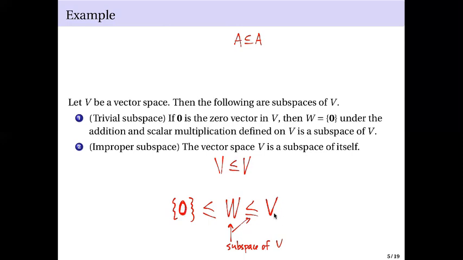And of course, the largest subspace of a vector space V is itself. All other subspaces will be in between the two here. So this is true for any vector space: for any vector space V, we can always have these two as subspaces of V.